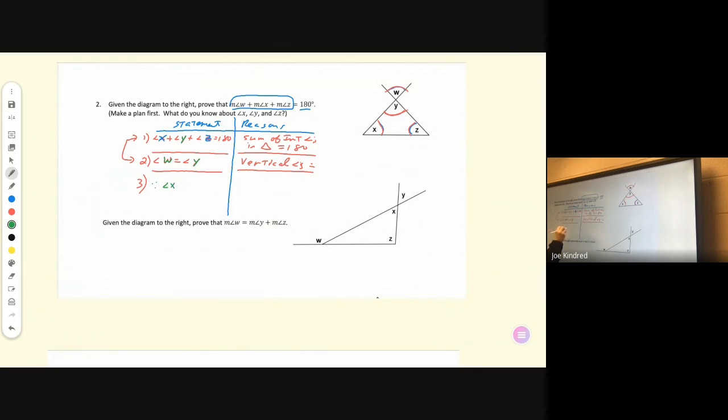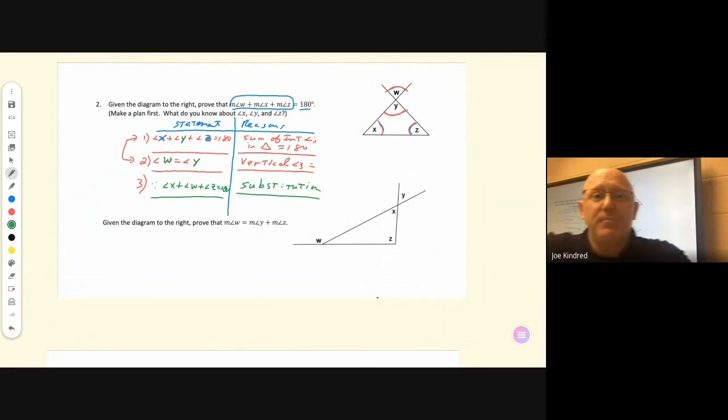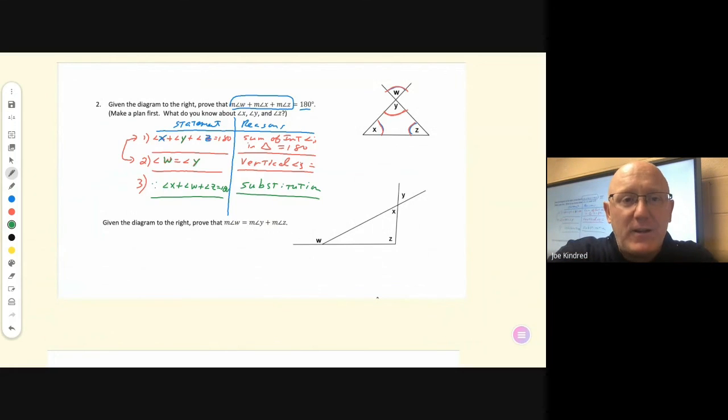Angle X plus angle W plus angle Z is equal to 180. And the reason? Substitution. And I've proven that angle W plus angle X plus angle Z is equal to 180. It's a 3-statement proof with the reasons off to the right.